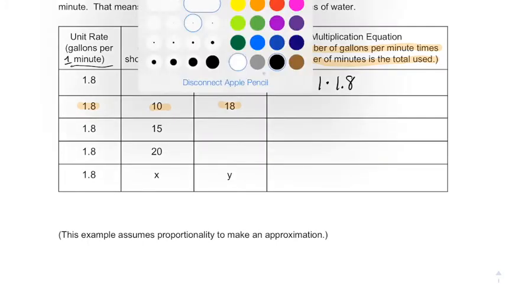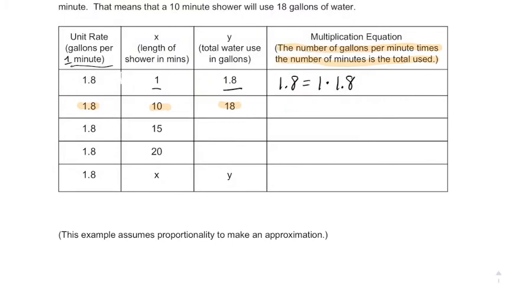And we can even do the same thing we did last time and switch over to that, say this times that equals this. You may notice that in one of the previous worksheets that I gave you, I had the X and Y over here, and then I had the unit rate over there.